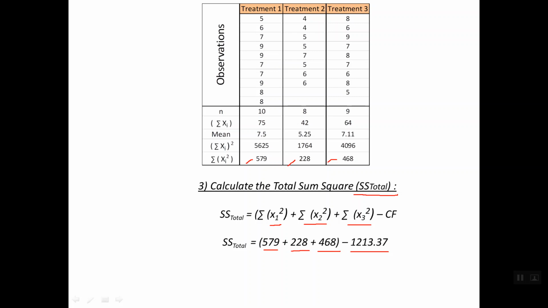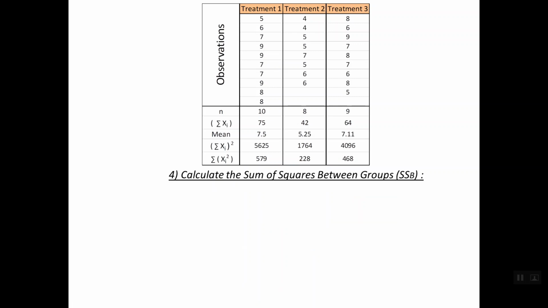With a simple calculation, we get the final value for SS total to be 61.63. So this is the value of the total sum of squares, 61.63.